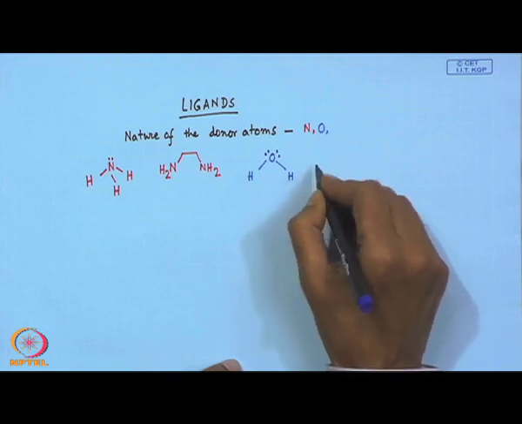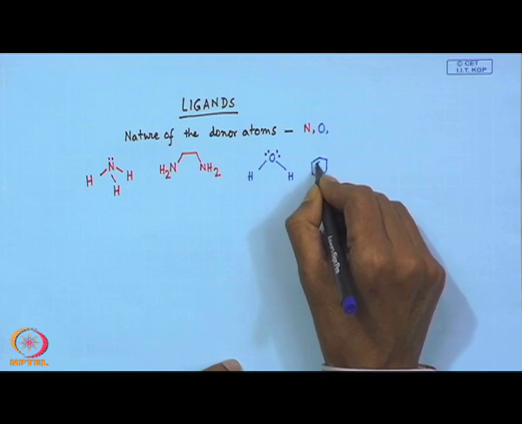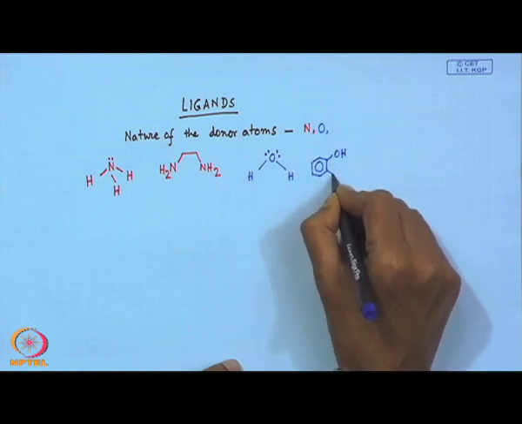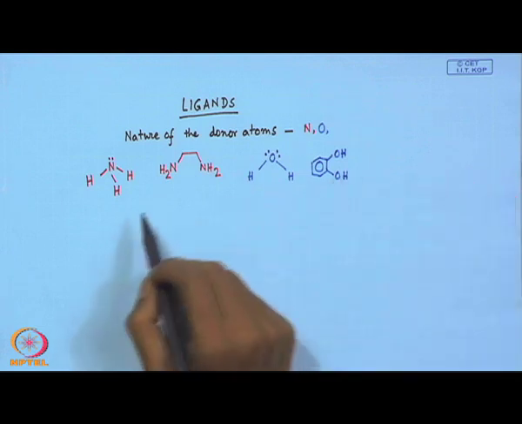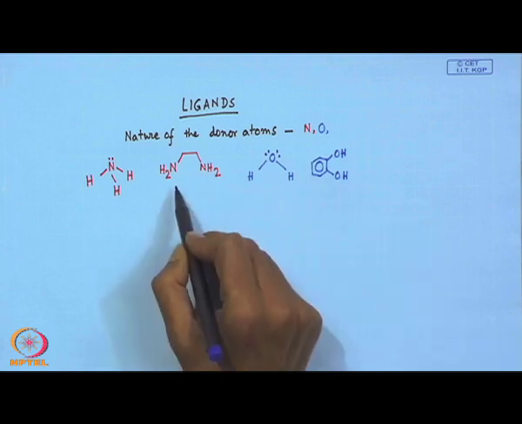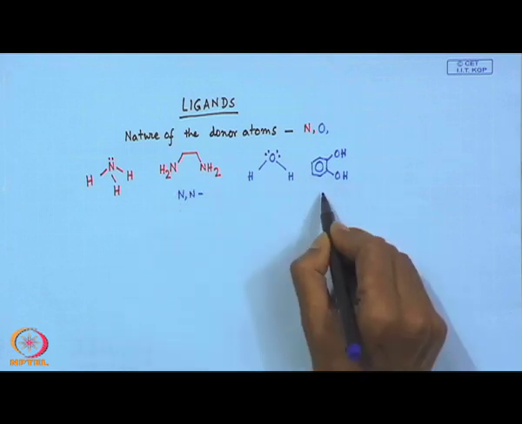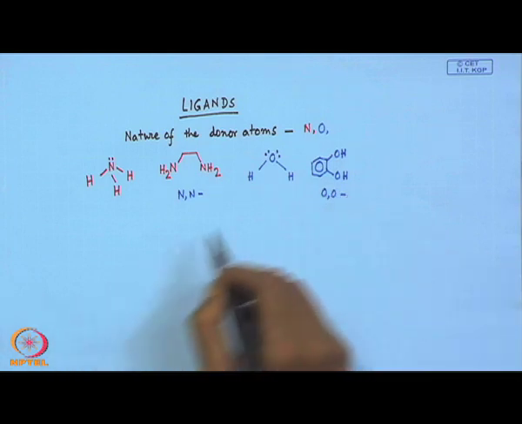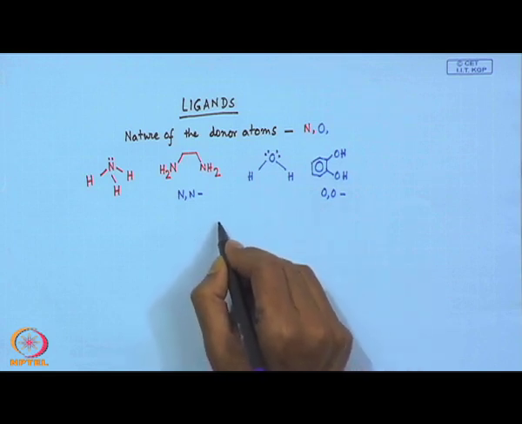Then we can have other bidentate ligands like catechol and others. So, these are the simple possible bidentate ligands where we can have the nitrogen donor atoms or oxygen donor atoms, and at the same time we can also have the combination of these two.